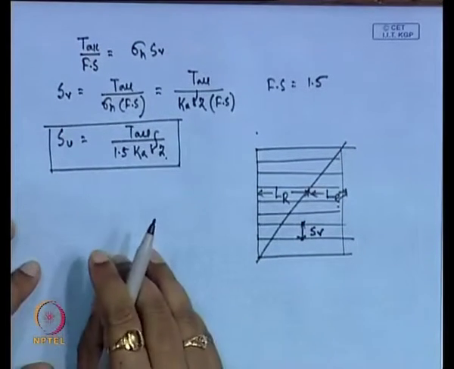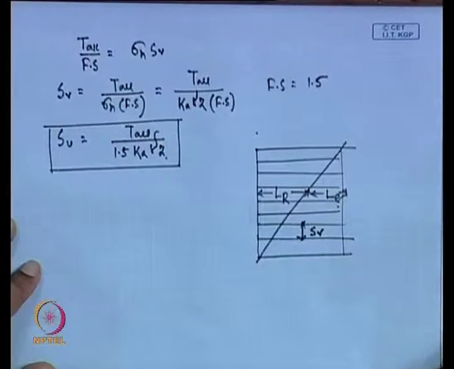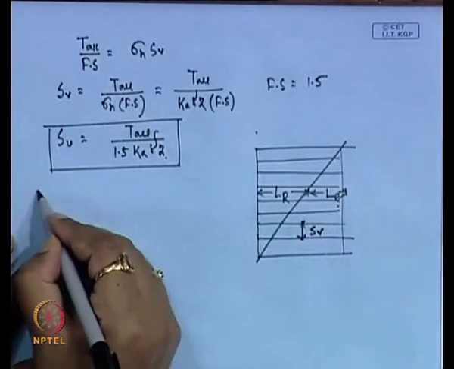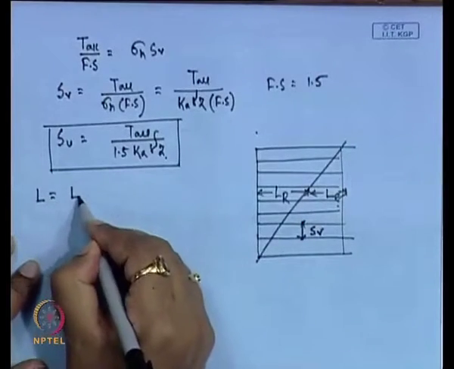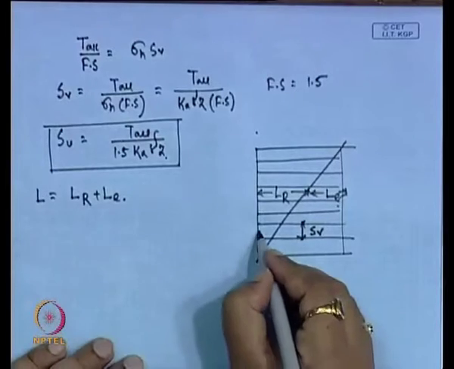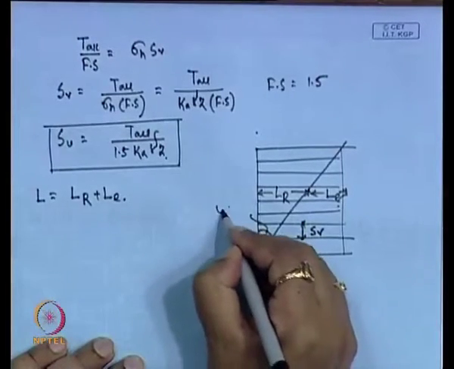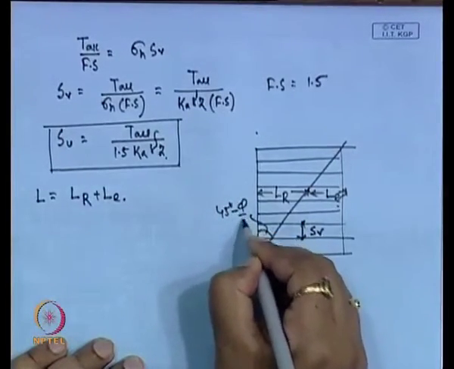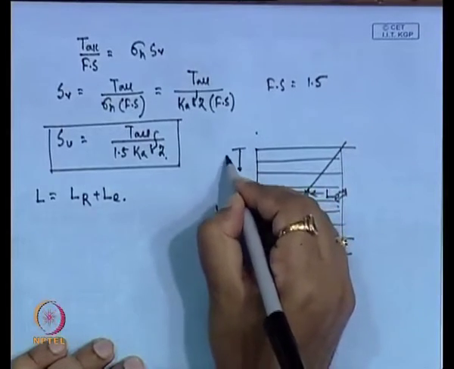The next one, to calculate the total length: total length L is equal to L r plus L e. L r we can easily determine. This is 45 minus phi by 2, this is any z.